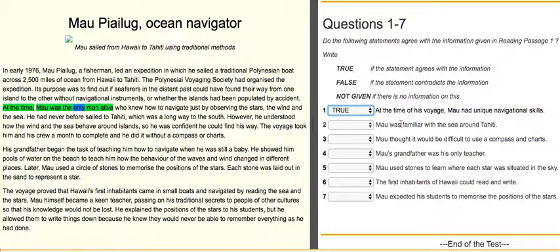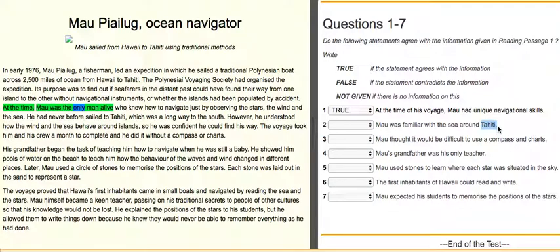Now, next we have: Mao was familiar with the sea around Tahiti. What does familiar mean? You know something clearly already, right? Mao is the same person; in the reading they may change it to the man or he, but it must have the same meaning. This one is really easy because we have a specific name of a place, so they cannot replace this part.